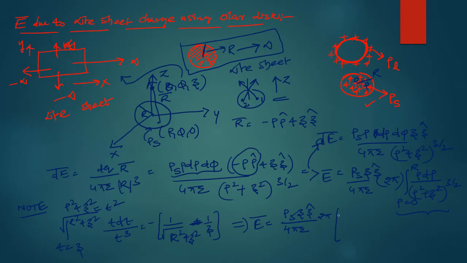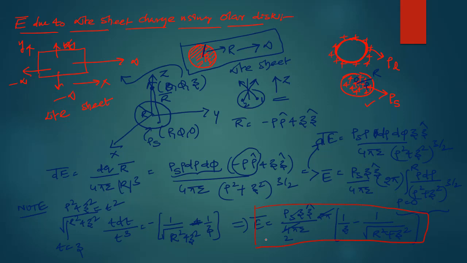If you multiply this minus inside, 1 by z minus 1 by square root of r square plus z square. Anyway, this 2 pi and this 4 pi can be cancelled, resulting in 2. This is what we have got: the electric field for the circular disc of radius capital R. This expression you can use for the circular disc.